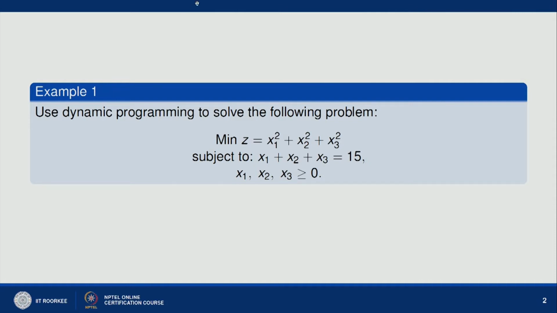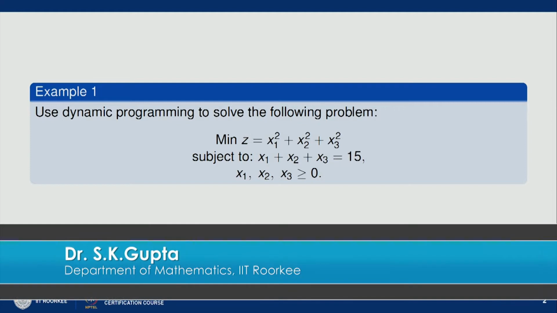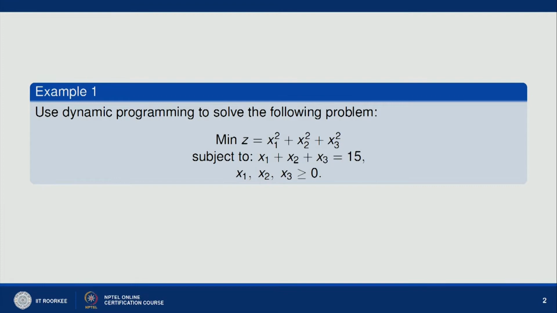You see the objective function is quadratic, that is, minimum of x1 square plus x2 square plus x3 square subject to x1 plus x2 plus x3 equal to 15, and x1, x2, x3 all are non-negative. So how can we solve this simple quadratic problem using the dynamic programming approach? Let us try to solve this problem.